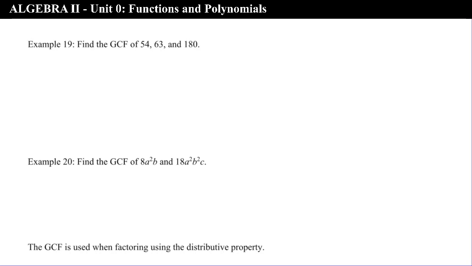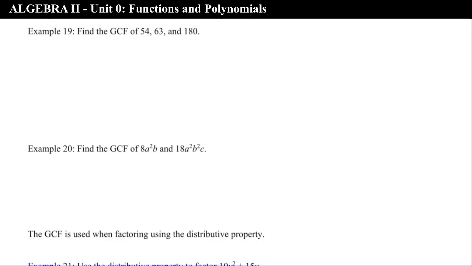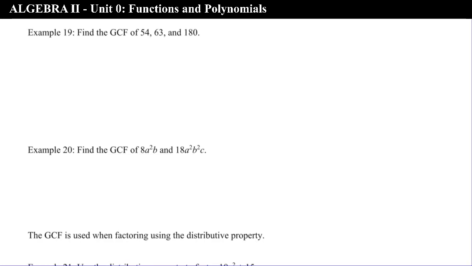So let's move on to some examples of greatest common factor. And I'm going to break these down a little bit. So let's find the greatest common factor of 54, 63, and 108. Well, I'm not going to go through the entire exercise of breaking it down piece by piece.